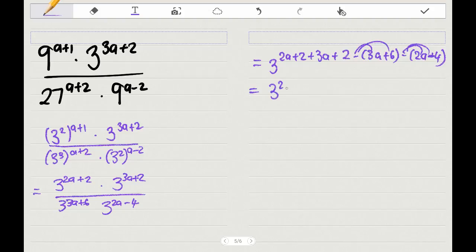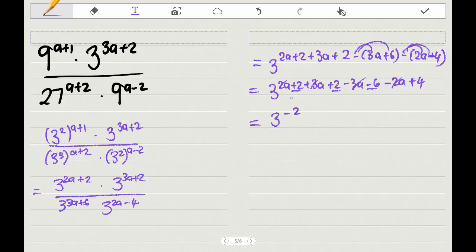So it's 2a plus 2 plus a plus 2 minus 3a minus 6 minus 2a plus 4. So let's group our a's. We have 2a plus 3a minus 3a plus 2a, so that's 5a minus 5a, so the a's all cancel. And then we have 2 plus 2, which is 4, minus 6, which is minus 2, plus 4, which is minus 2.